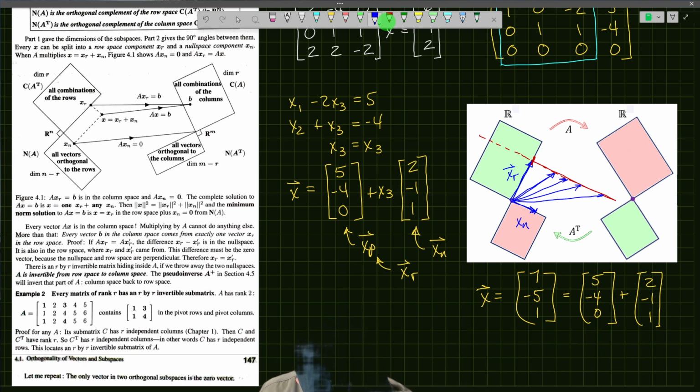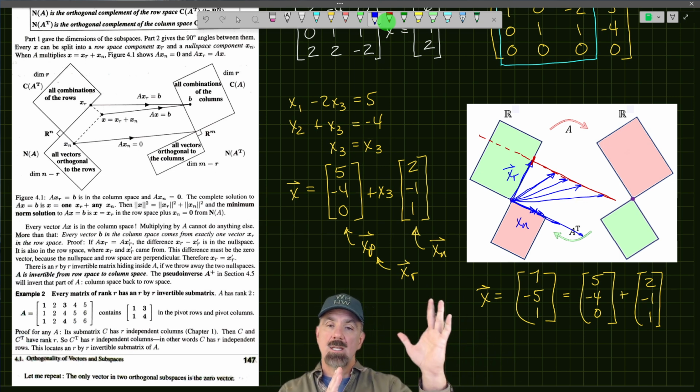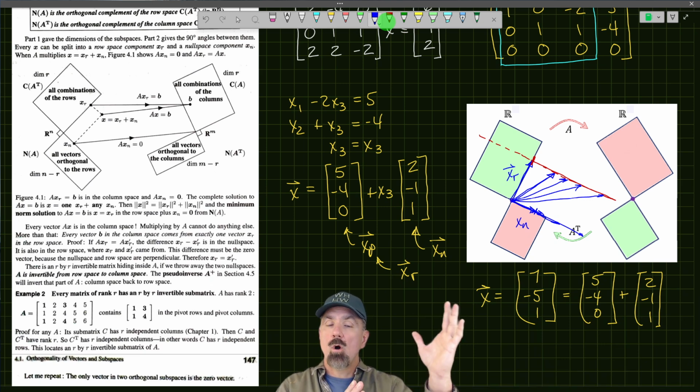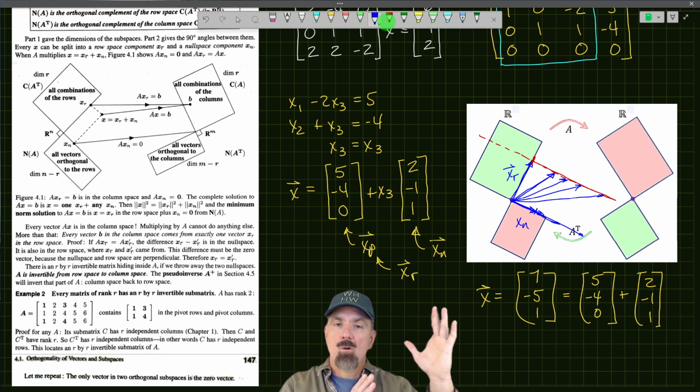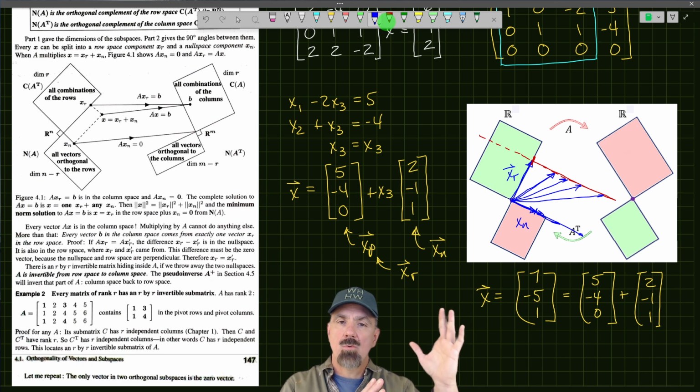All the pieces that are in the null space, when we do a projection into the row space, go away. The reason they go away is because the row space and the null space are orthogonal complements. They're orthogonal vector spaces.